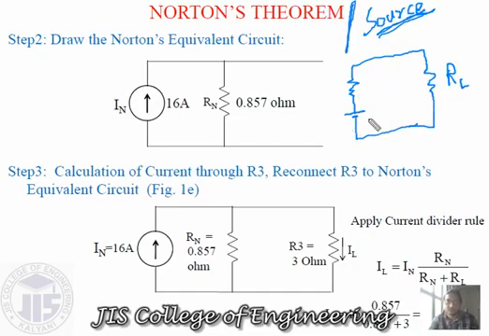This source is nothing but the value of IN multiplied with RN, and this is the value of RN. So this circuit actually looks like the Thevenin's circuit, right? So Thevenin's theorem and Norton's theorem, whichever theorem you apply, will give you the same result. And if required, you can convert any circuit.